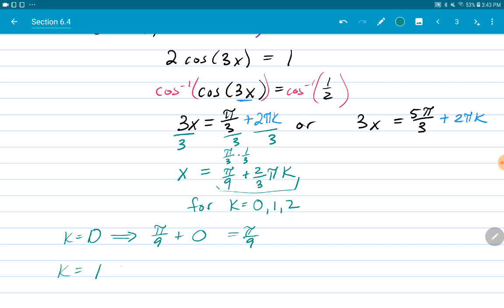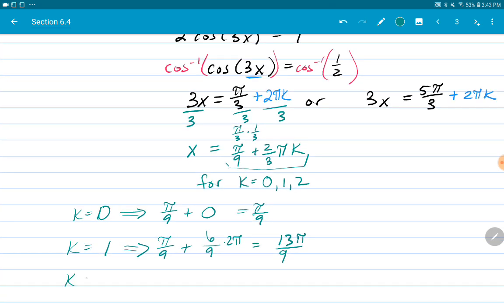And when I plug in k equals 1, I get pi over 9 plus 2/3. I'm going to put it in terms of 9 as a common denominator, so that's 6/9 times 2 pi, which is 12, 13/9 pi, which is still in our domain of 0 to 2 pi.